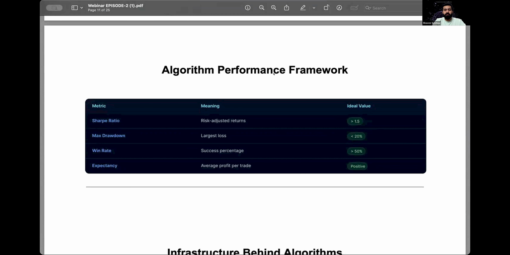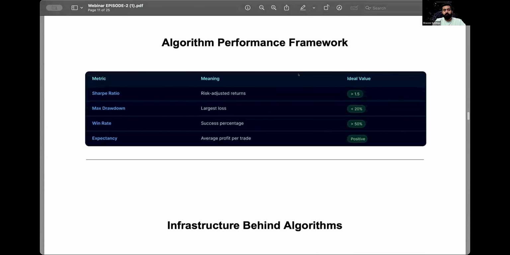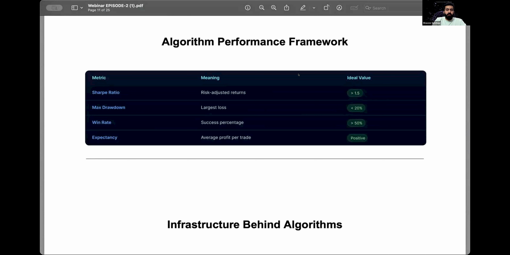And then there is the algorithm performance framework. How are algorithm performance frameworks set? We all have used Pi, and we all have understood how high frequency traders worked. We all understand the Sharpe ratio, and these are the metrics on which the algorithm performance framework is judged.